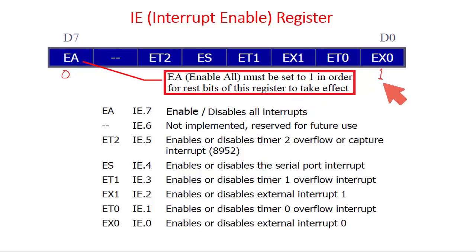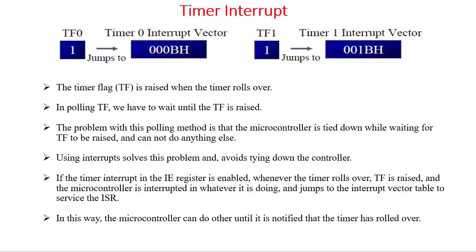So for working, this enable all bit should always be logic 1. After setting this bit, we will set whichever of these bits we want to use. So repeating, if we want to use any interrupt, this EA bit should always be logic 1. Then, according to which interrupt we want to use, we will set these bits.